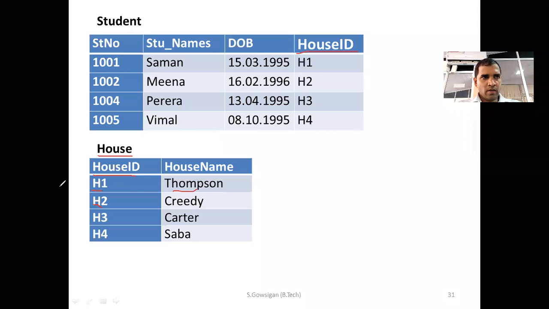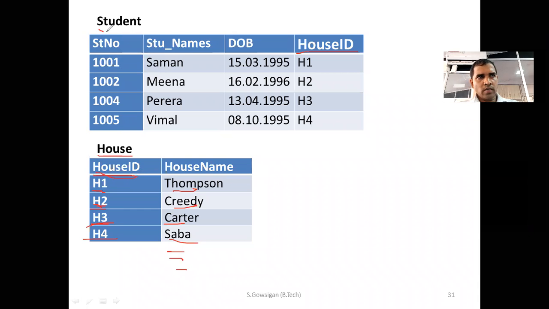For Thompson H1 is given, for Creedy H2, for Carter H3, for Sabah H4. So this H4 is never given for another house. There may be some other houses, maybe 5 houses too. But we can confirm that these numbers are never repeated. So definitely house ID is the primary key.